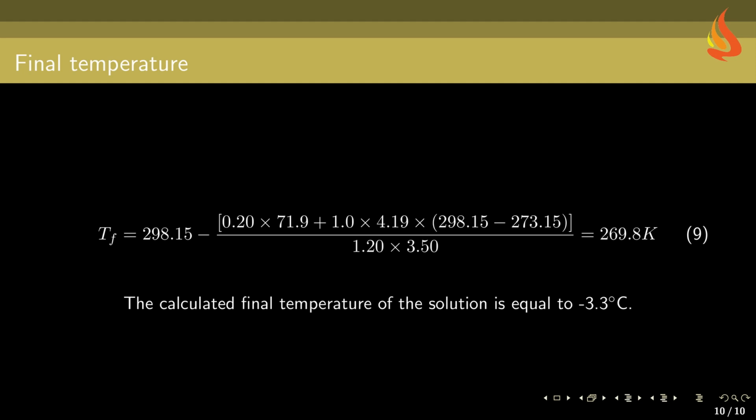This result clearly shows the effect of the heat of mixing. We started with sodium chloride at 25 degrees Celsius and water at 0 degrees Celsius. But the temperature after mixing is lower than the initial temperature of both pure components. How does this result compare to our experiments?